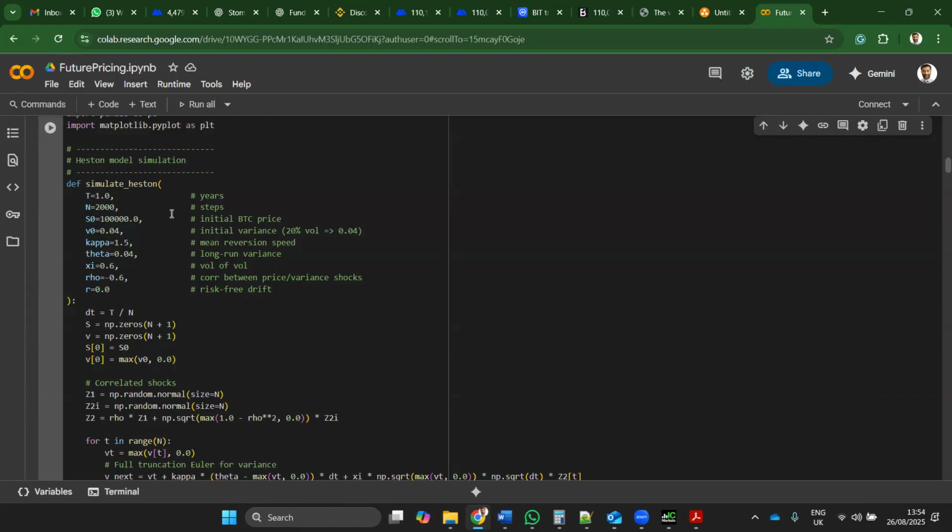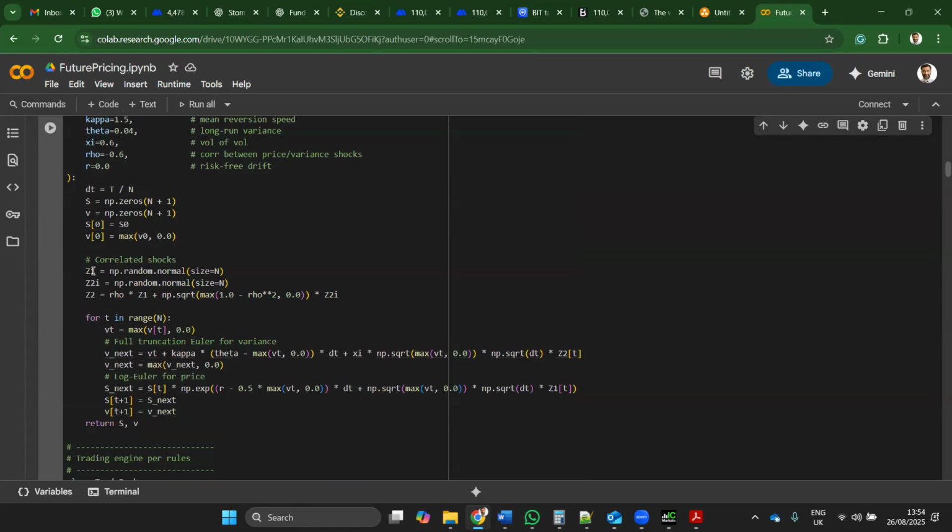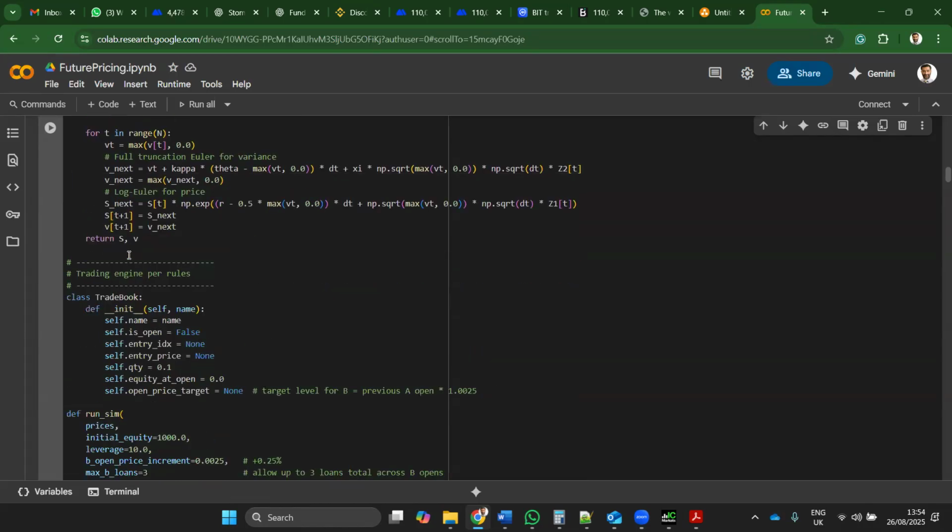Because the BTC price is very volatile, I've chosen the Heston method. We can do stochastic motion, we can do Brownian motion.